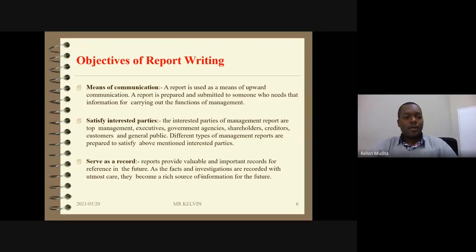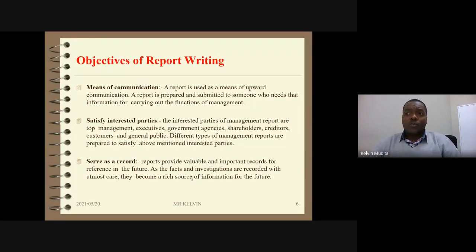Do we have any questions? Okay, let's look at the objectives. Why do we write reports? The main objective is to communicate. So a report is a means of communication between various departments of the organization or between various functions of the organization.